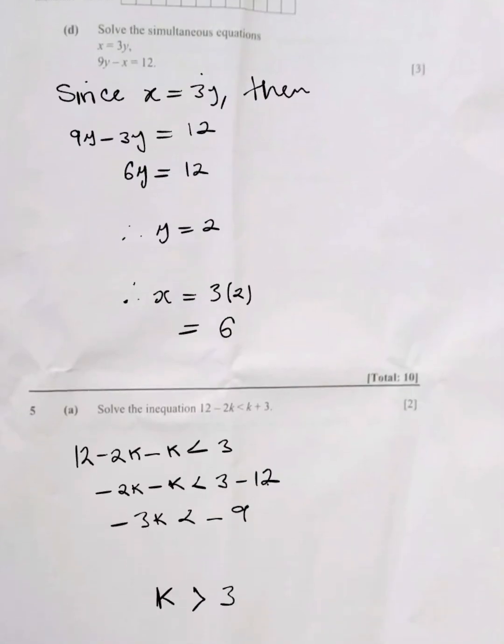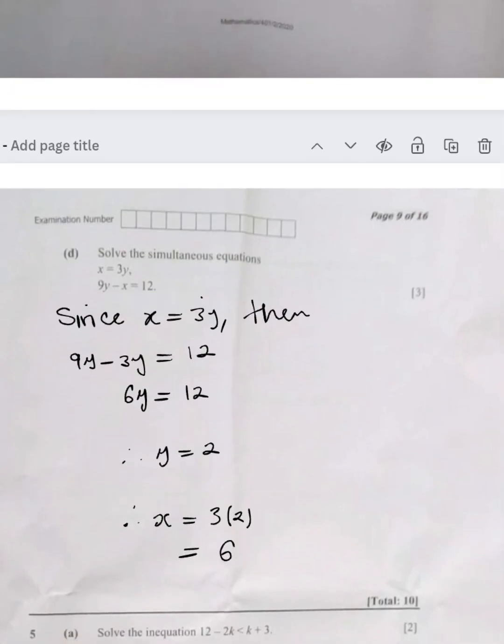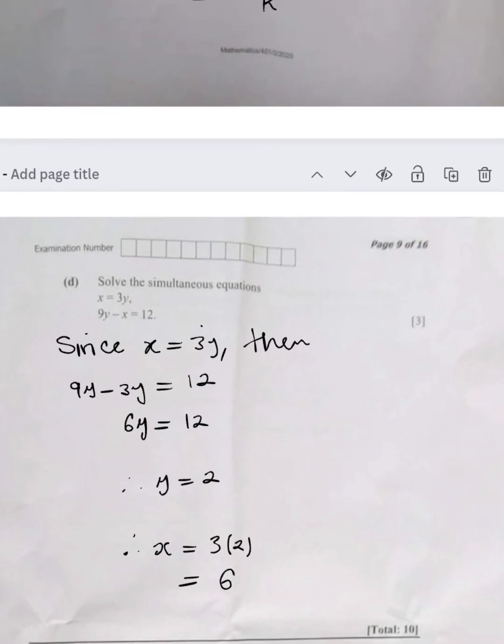Very good. The next question is a simultaneous equation. Now, this is very simple because we are going to use the substitution method, right? Because we have been given that x is 3y. So where there is x, we just put 3y. So this is 9y minus x, which is 3y, is equal to 12.